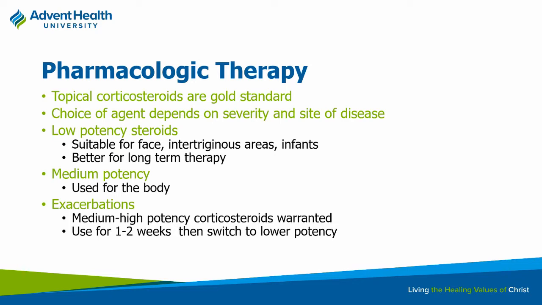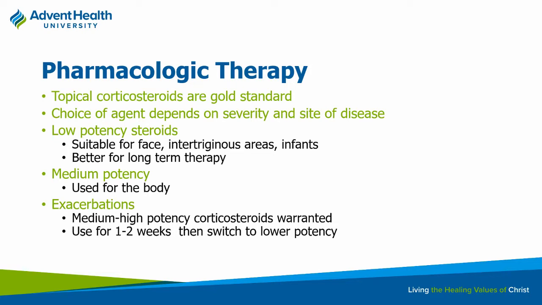But typically for low potency steroids, you want to use the lowest concentration you can. You want to try to avoid some of those intertriginous areas, especially with the higher concentration ones or the higher potency ones. Those tend to cause more systemic uptake of the drug. You're going to see more side effects here. With the low potency ones, you have less of that risk, right? So you can use it on the face. You can use it for infants.